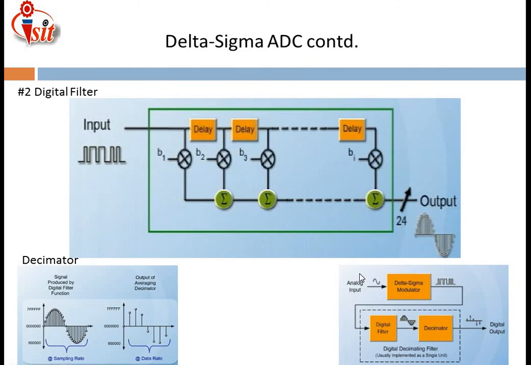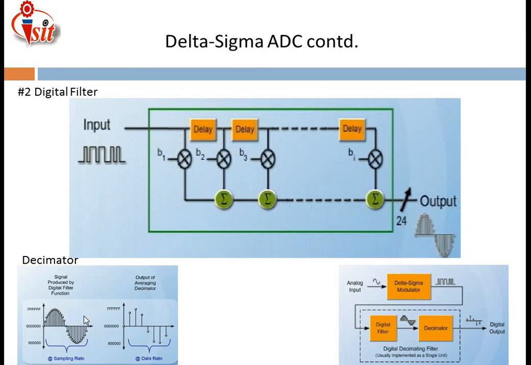Then for the delta sigma ADC conversion, two digital filters are used. Just see here, the input is applied to the first delay signal, then again to the second delay signal. Along with this, many delayed signal inputs are connected in parallel, and at the end we take the summation of all these, and the summarized output is introduced, giving the output signal structure like this.